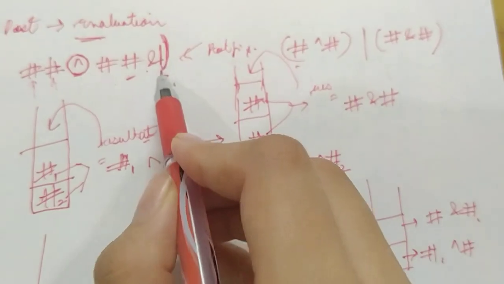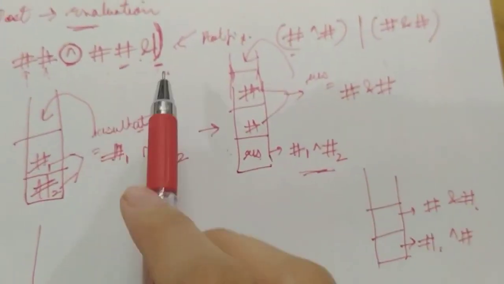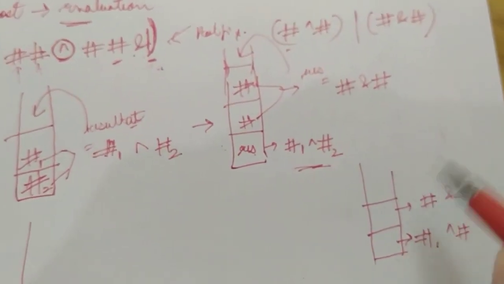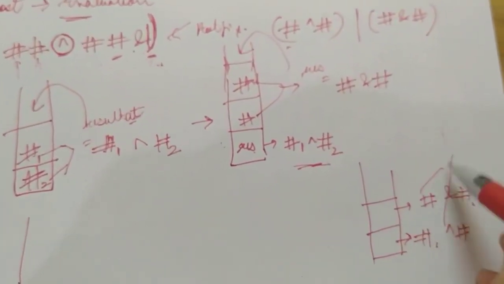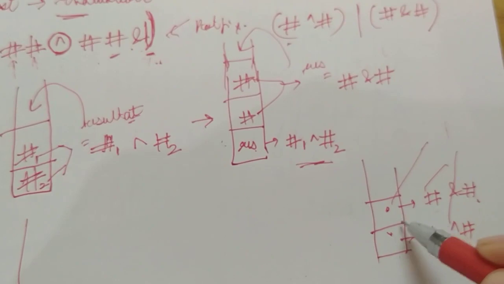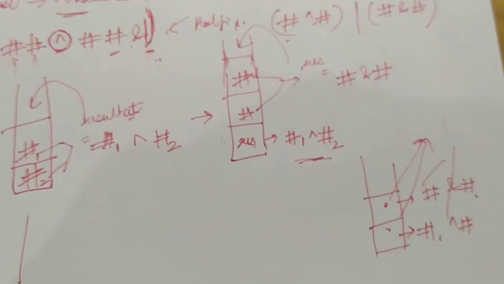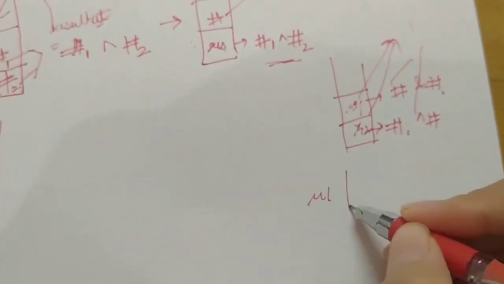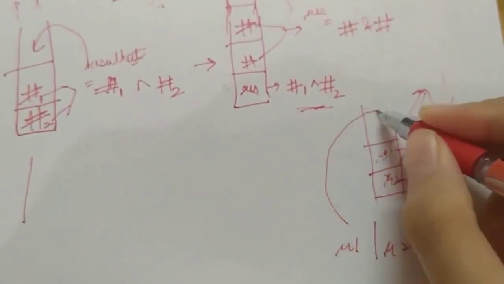Now we encountered an operator again, OR. So we pop the top two elements from the stack and evaluate OR, say R1 OR R2, and push it into the stack.